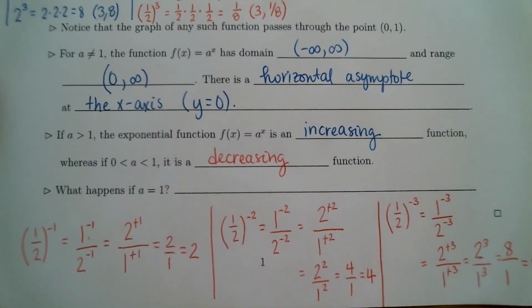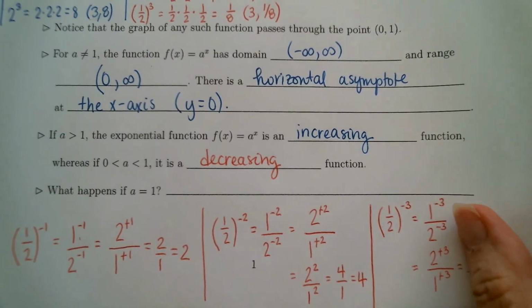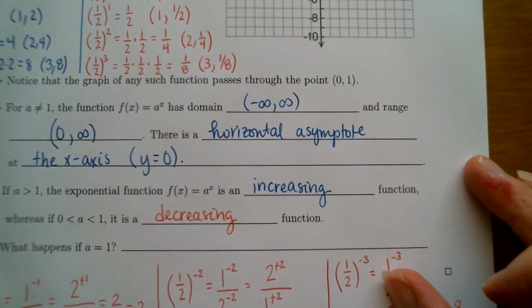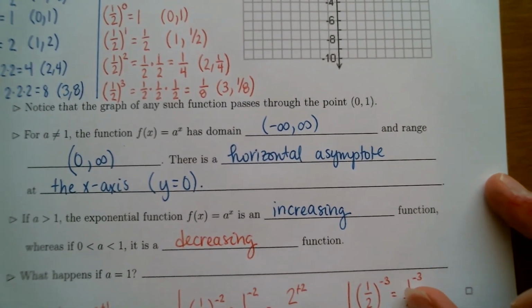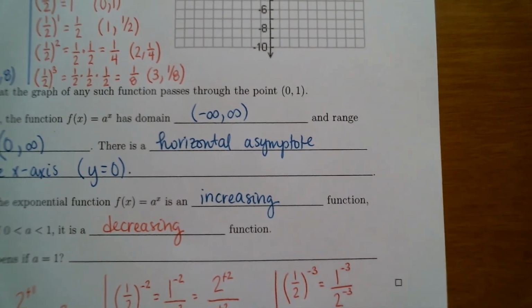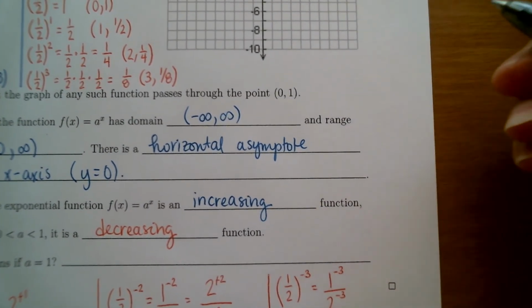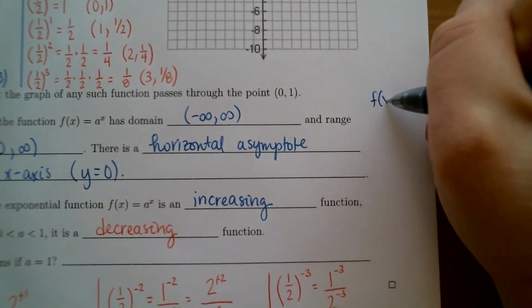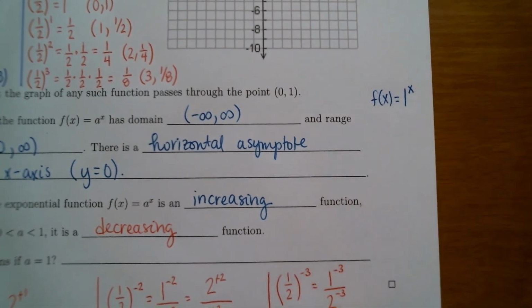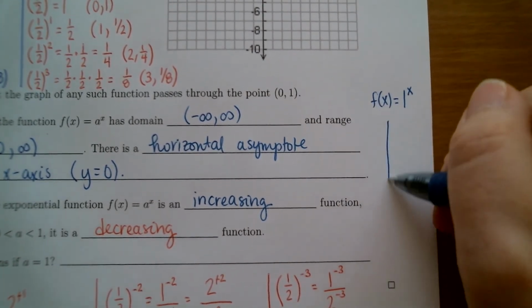Finally, we're going to talk about why the base cannot be 1. So here's why. Let me see, I'm kind of out of room here. I'll use the white space right here. If we had a base of 1, your function would be 1 to the x. Pick some x values.